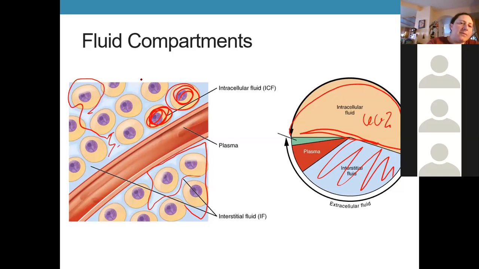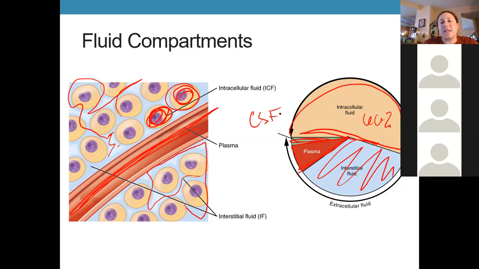That's all this stuff here. And then our plasma volume is the next. You can see it's not a ton. It's just the next largest compartment. And then this is other. Other is stuff like the water inside your eyeballs. It's your cerebrospinal fluid. It's the liquid inside of your joints, synovial joints, all that stuff. Small spaces.